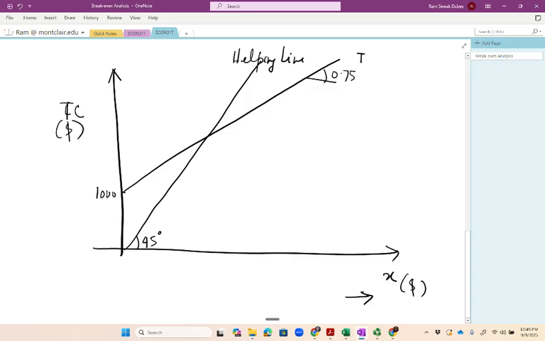So this is where the total cost and the helping line intersect each other, which is shown here. If you have drawn it to scale, you will be able to see the break-even revenue. At this revenue, the total cost and the revenue are equal. And this is a good point to stop.